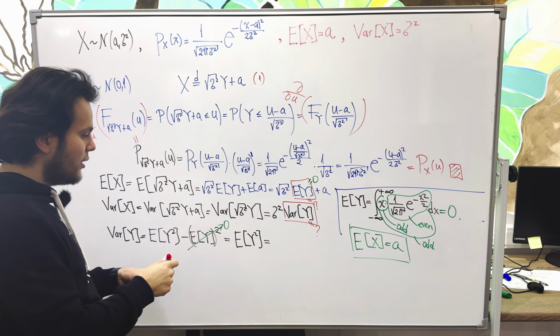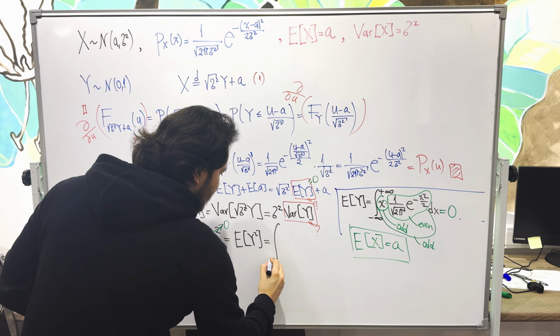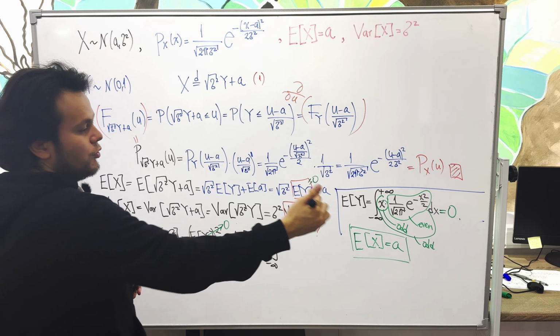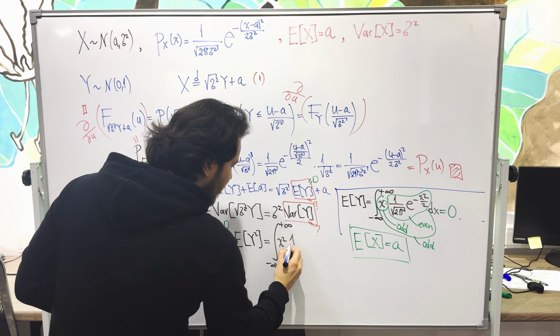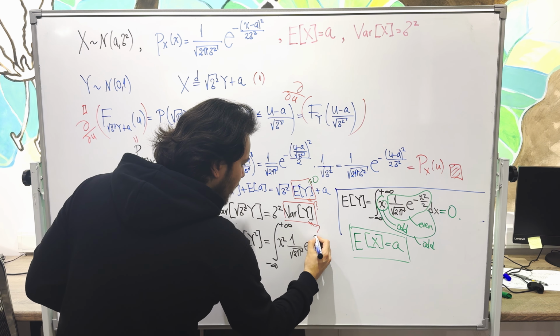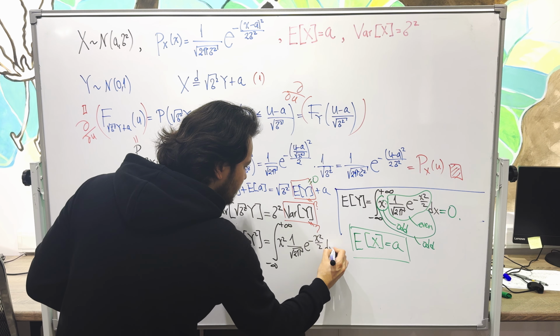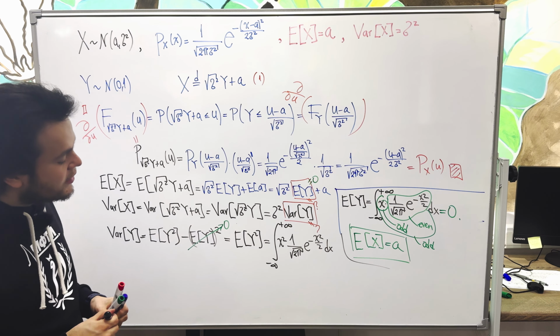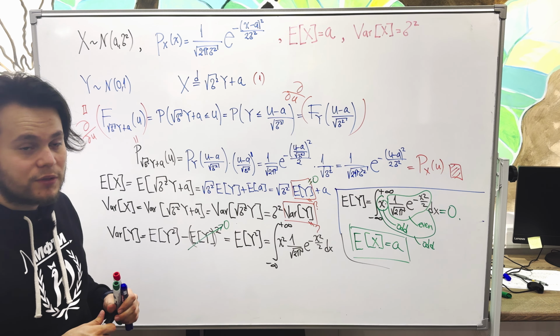That's the only difference, right? So we have the integral from minus infinity to plus infinity of x squared, and we just write the PDF, so 1 divided by the square root of 2 pi, e to the minus x squared divided by 2, dx. So we just need to compute the integral of this.